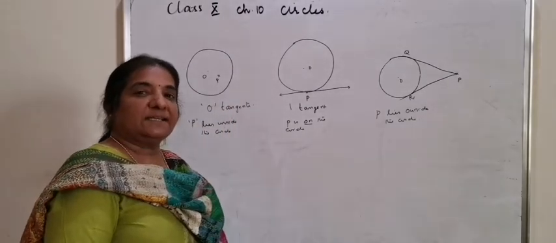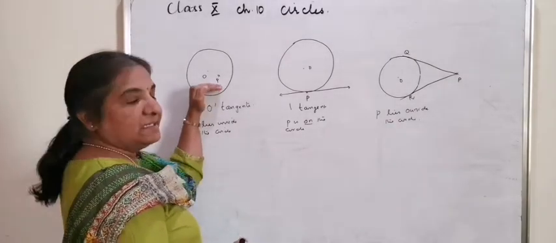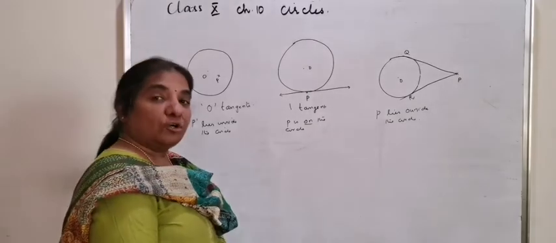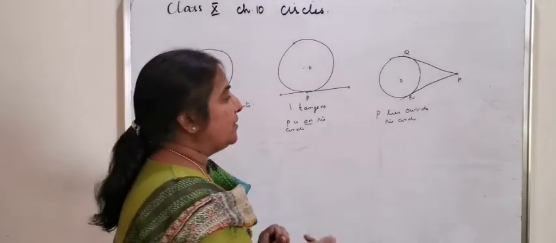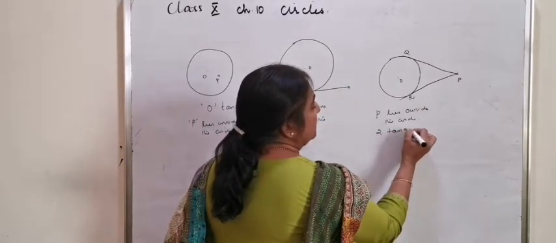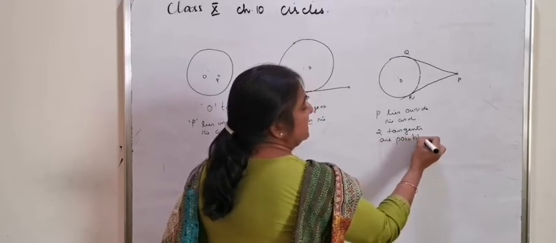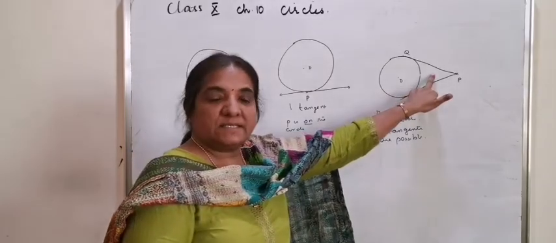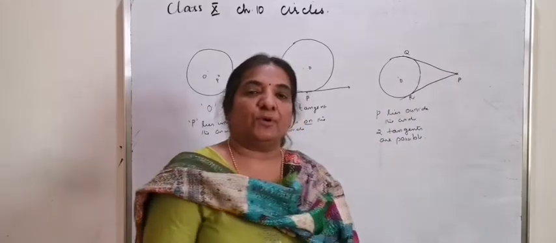So, this is the property. If a point and a circle are given to you, if the point lies inside the circle, there are no tangents possible. If P is on the circle, there can be exactly one tangent, and if the point P lies outside the circle, two tangents are possible. And the next theorem is based on the external tangents, that is the tangents which are drawn from an external point.